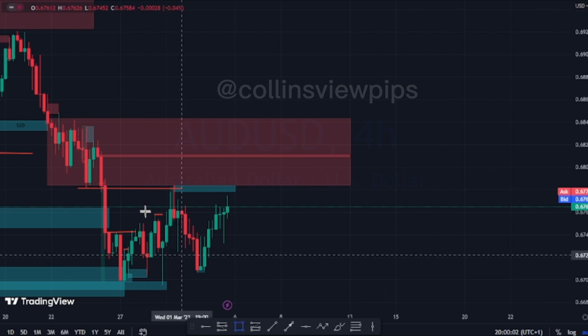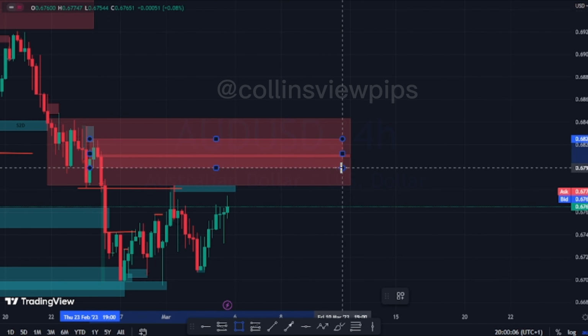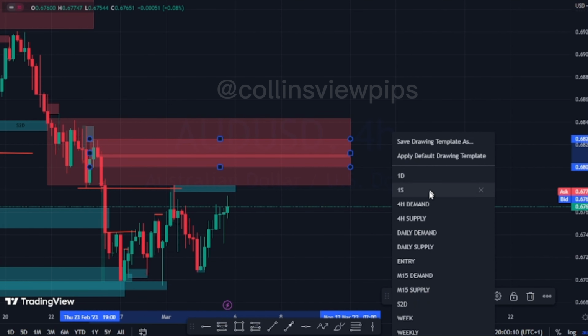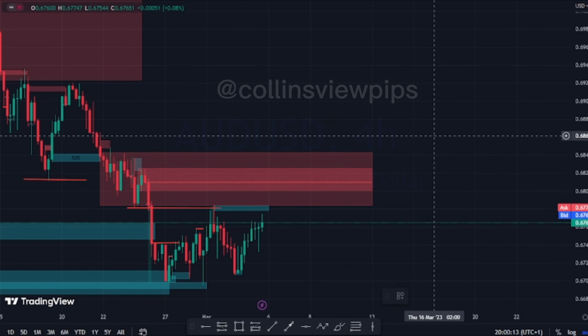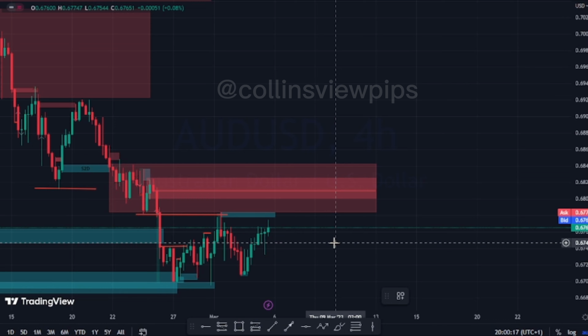Looking at the 4-hour, this is the 4-hour candle. That is the 4-hour supply. So what do we expect to see?